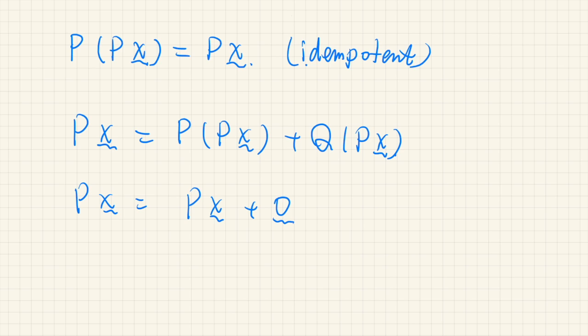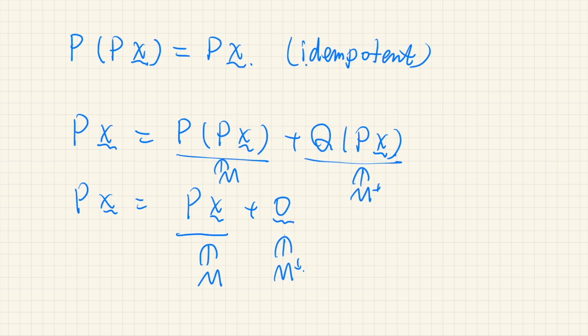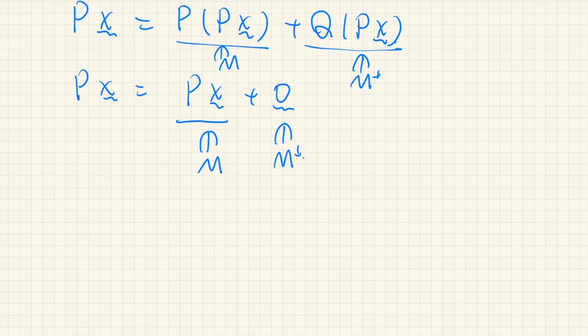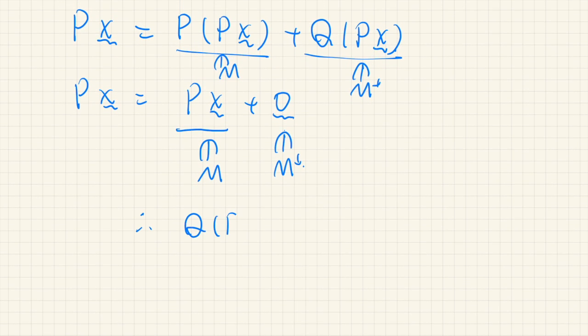Now, by the uniqueness of decomposition, we should have, okay, so this part is in M, this part is in M, this part is in M complement, and this part should be in M complement. So therefore, QPx is 0, and Px should be equal to Px, and we are done.